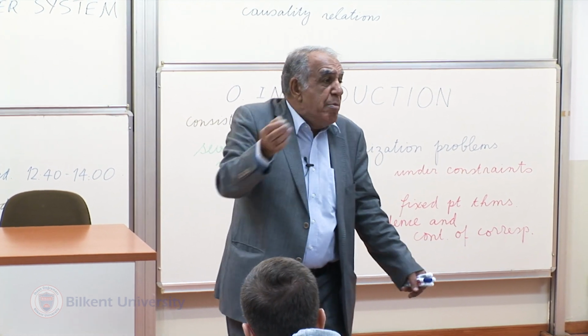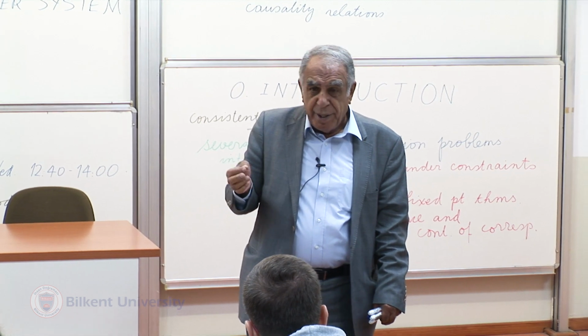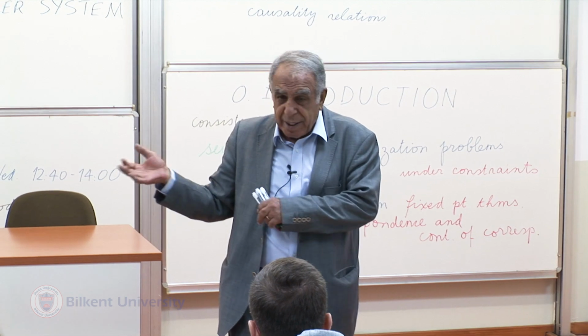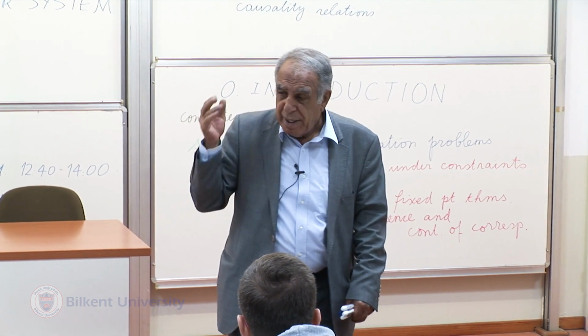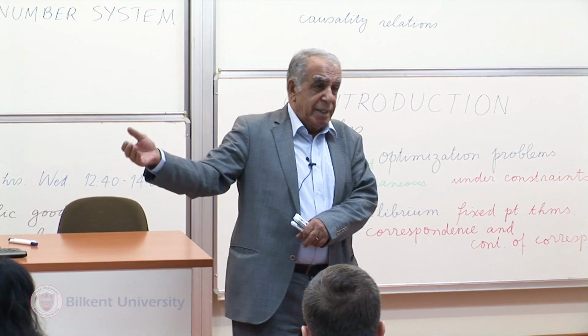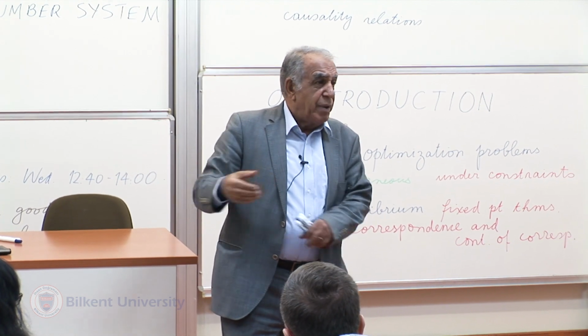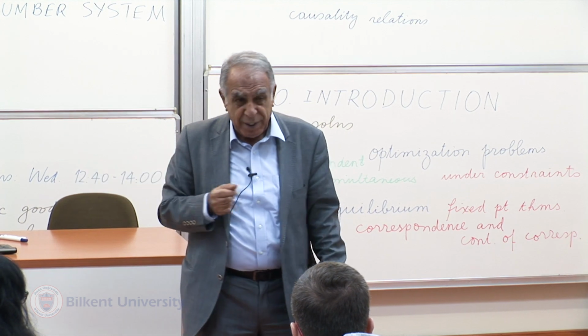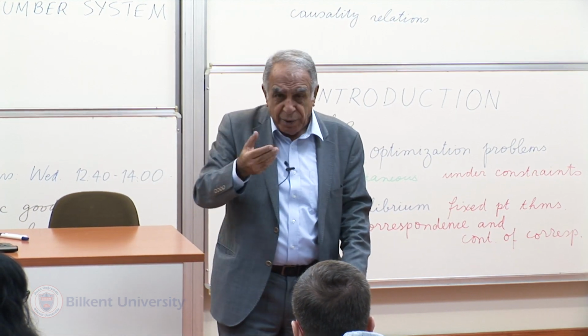There is a neutral member which, when added to other reals, does not change the real. That's 0. And every real number has an additive inverse. If you add A with minus A, you get 0. So these are the rules.